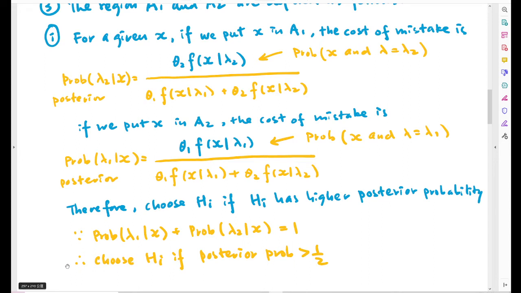So it is a very simple conclusion: we accept Hi if the posterior probability is larger than 1/2. This is a simple conclusion from the case where we have only two hypotheses. But in fact, this general conclusion, that we choose the hypothesis with higher posterior probability, holds for k hypotheses.